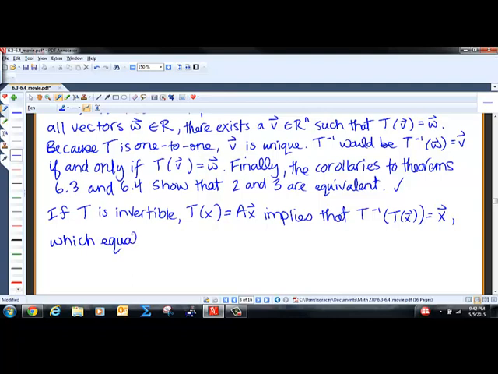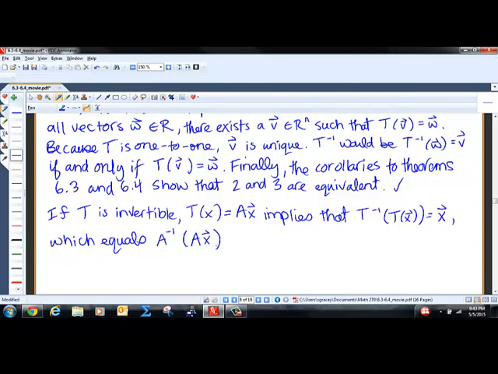Which equals A inverse times AX, because remember that if T is invertible, then T inverse is A inverse. That's where I'm getting that.